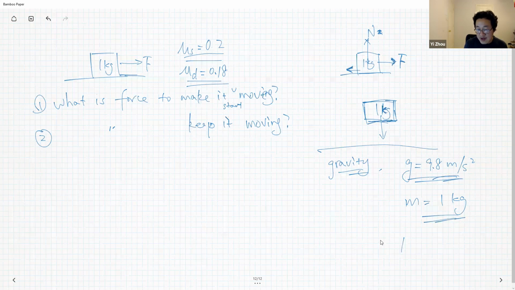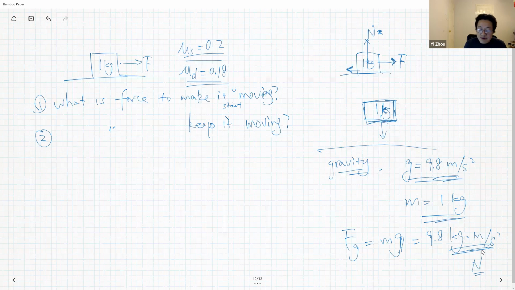So the force is called the gravity force, let's say Fg, the gravitational force, which is mg, which is 9.8 newtons. But a newton is actually the same as kilogram meter per second squared, because this is just an SI unit. Okay, so a newton written another way is kilogram times meter divided by second squared.